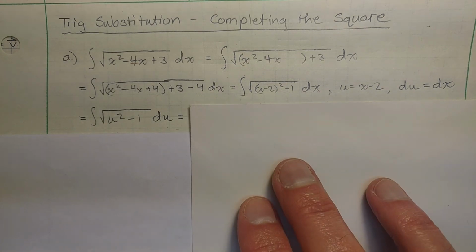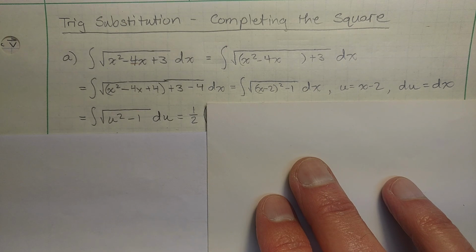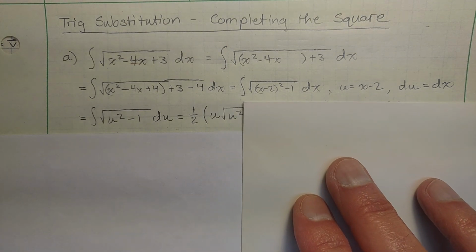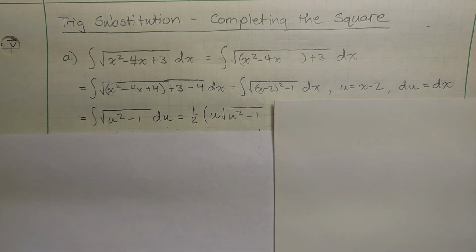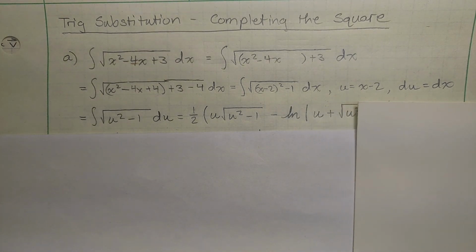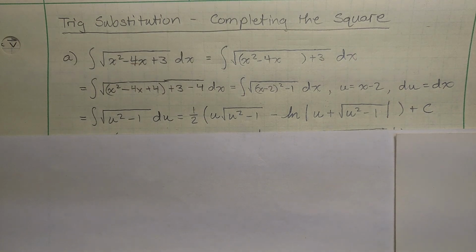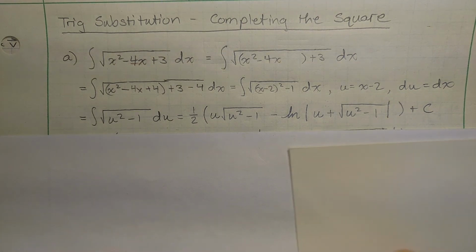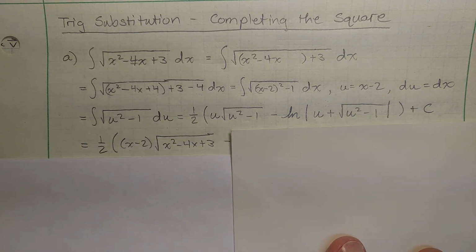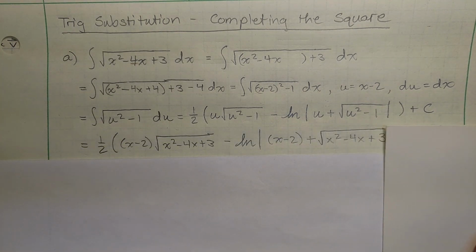So I'm going to simply memorize that this is 1/2 times our u times the square root of u squared minus 1 minus the natural log of the absolute value of u plus the square root of u squared minus 1 plus our constant. From here, we need to resubstitute back in for u, because once again, we want it in terms of x.